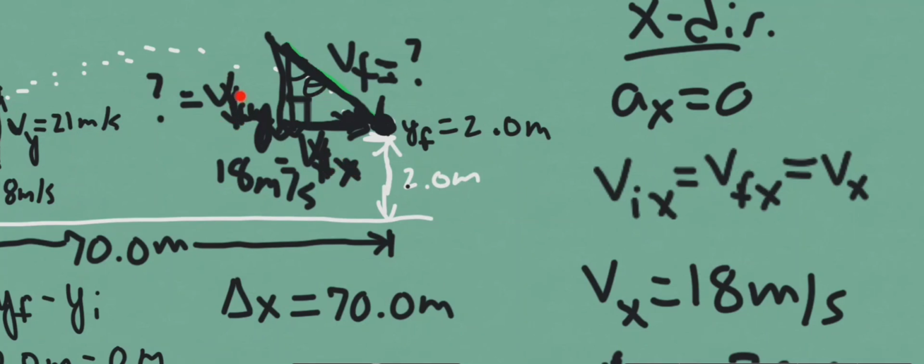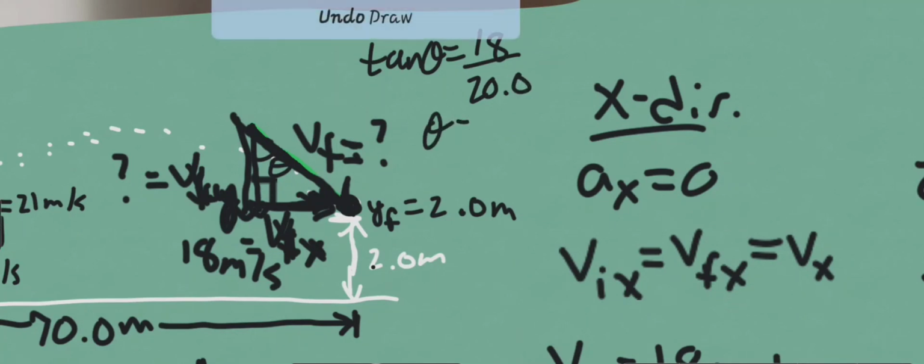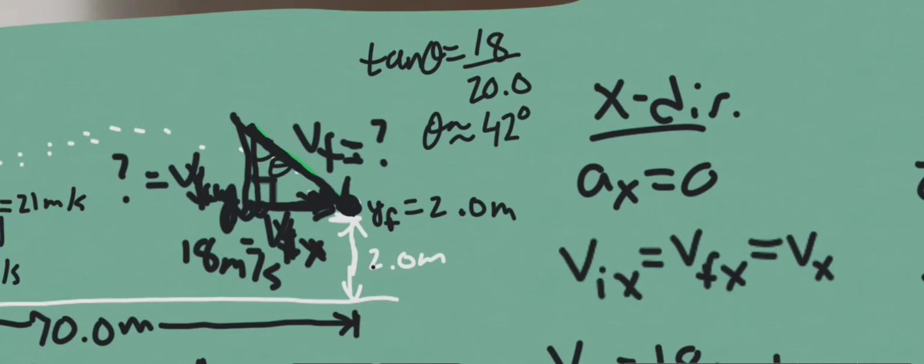So that's going to be 18, and this was 20, so 18 over 20. And just do that up here. So see that tangent theta is going to be 18 over 20. And what does that give us? What's the inverse tangent of 18 over 20? I got 42 degrees, and this is rounded to 2 significant digits. So 42 degrees approximately.